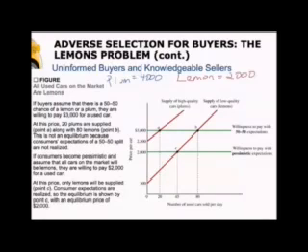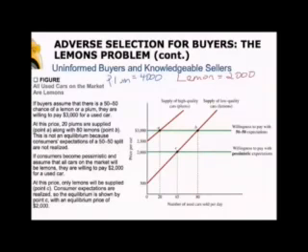We can't tell by looking at the car necessarily whether it's a plum or a lemon. So the seller has to charge just one price. Now, if the price were $3,000, that's the willingness to pay, we would expect to see 20 plums sold per day and 80 lemons sold per day.